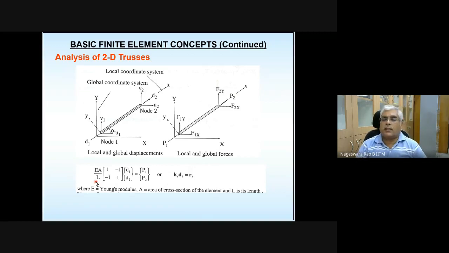Any questions here? This is the element equation for this element in the local coordinate system. That's why this is denoted with K; earlier you denoted this with K subscript L, meaning this is a local stiffness matrix. This is the local displacement vector. This is the local force vector. Please take a note of this equation.